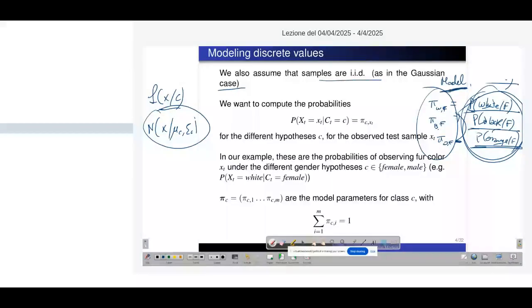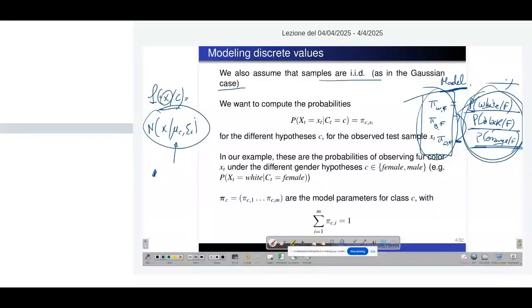These are my models. So the model is very simple. The model doesn't give me a complex formula to compute the probabilities. The model is expressed directly with parameters that correspond exactly to the values that I want to compute. I can do it because it's discrete, so I have a limited number of values here. For the continuous case, I could not, because I would need to define, for all possible values of x, the value that I want for the likelihood.